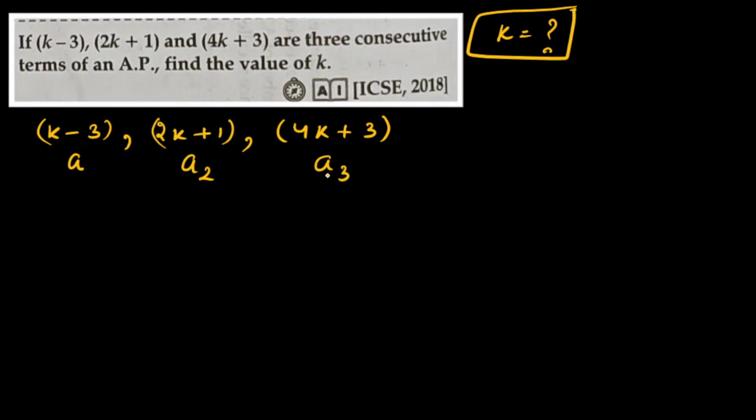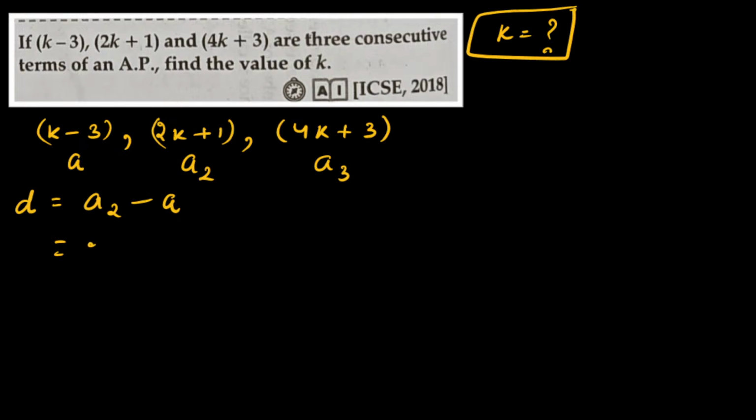So here we can find the common difference if we use the first two terms. So d is equal to A2 minus A1 when I'm using the first two terms.